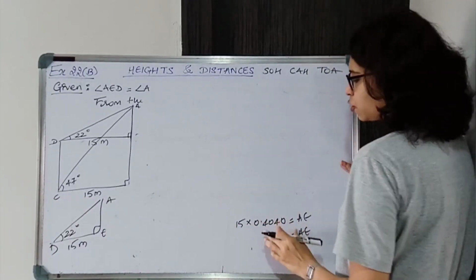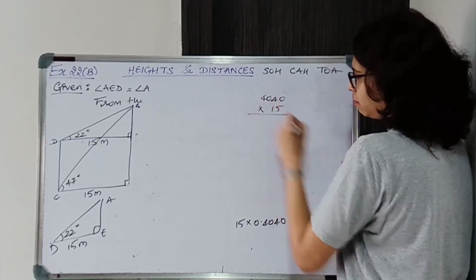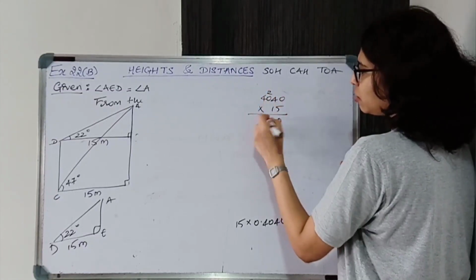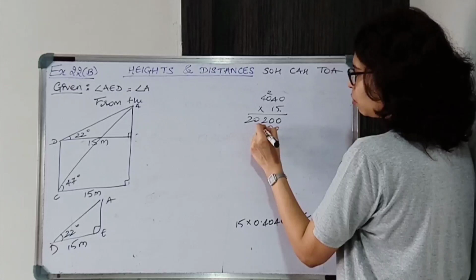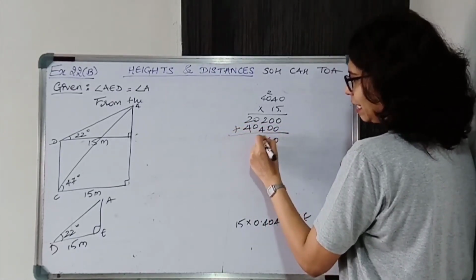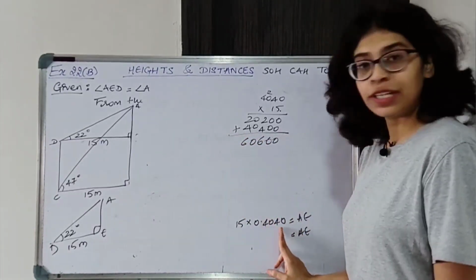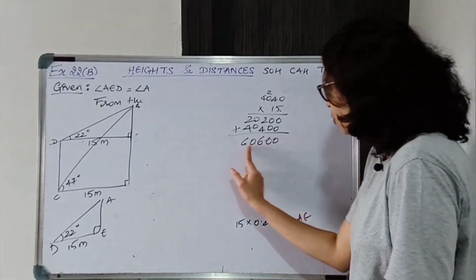Okay, so AE is equal to this. Multiply this. So forget decimal for now. 4040 into 15. 5 zeros are 0, 5 fours are 20, 5 zeros are 0 plus 2, 2, 5 fours are 20, 0, 0, 4, 0, 4. So we get 60600. Now we have to put the decimal point. There is a decimal point after 4 digits from the right.